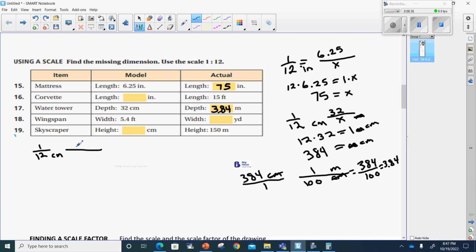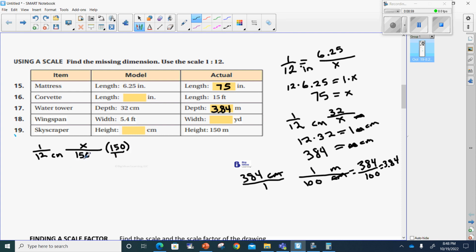Then centimeters on the bottom is going to be 150. We're looking for x. Now, something I can do, since I'm dividing by 150, I can multiply by 150. I could have cross multiplied just like I've been doing, but this is another way of doing it.